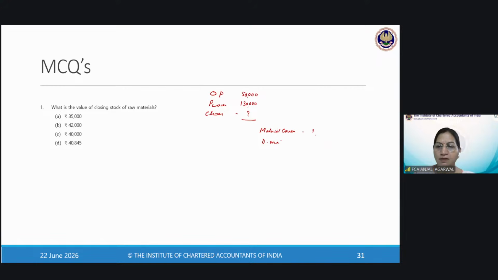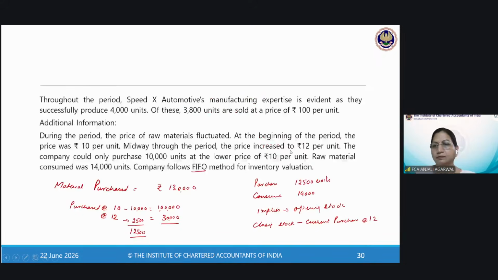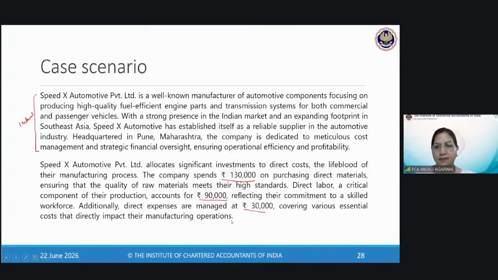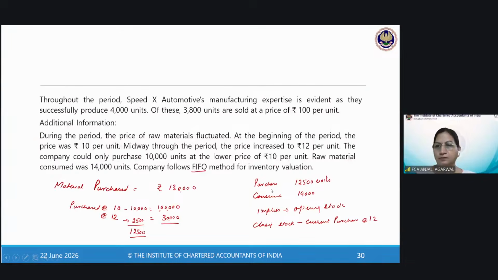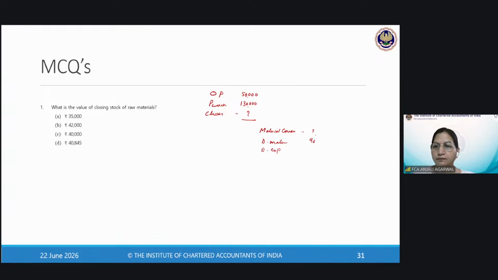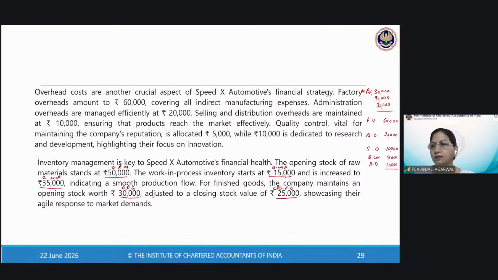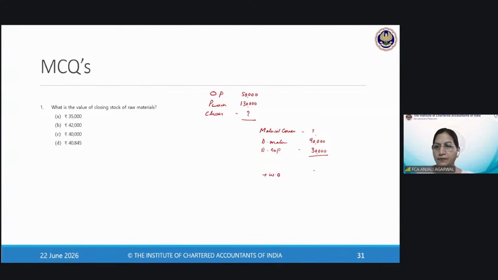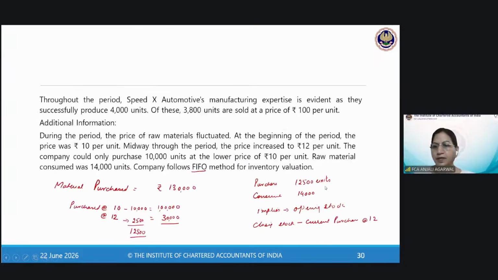That's the question mark. So that will give us raw material consumed. Then you have direct labor and direct expenses, 90 and 30. Then works overhead, 60.